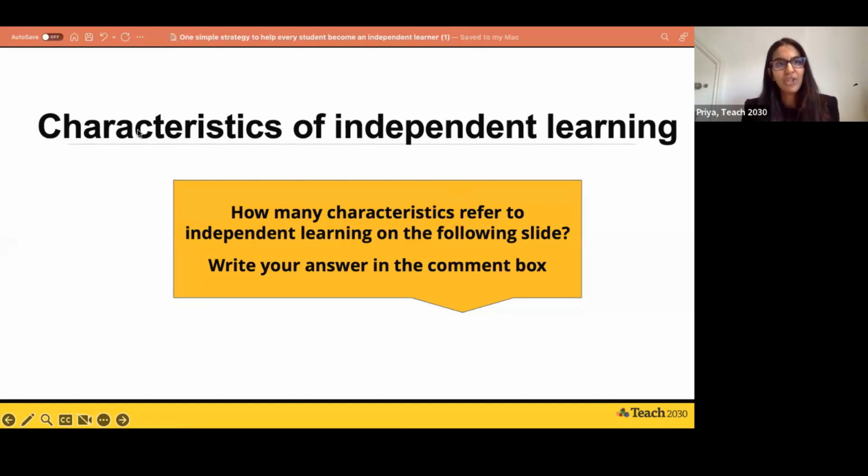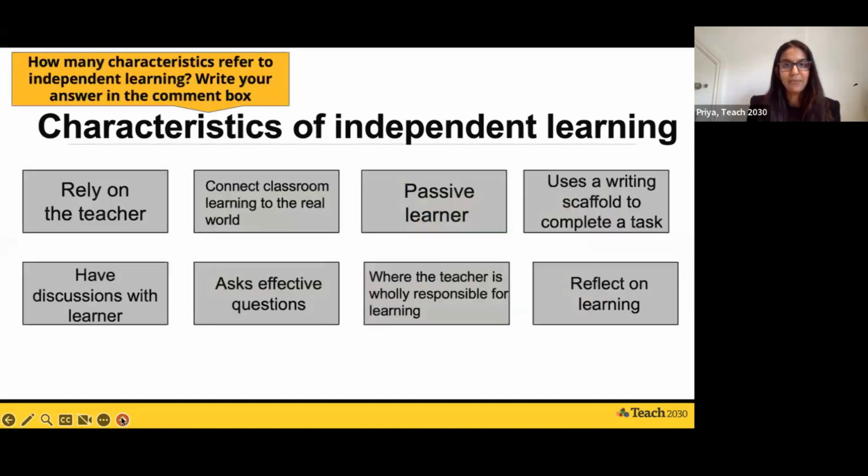And what I would like you to do in the comment box below, either on Facebook or on Zoom as well, is write a number that you know that the number of statements refer to independent learning. So let me just show you in front of you now.